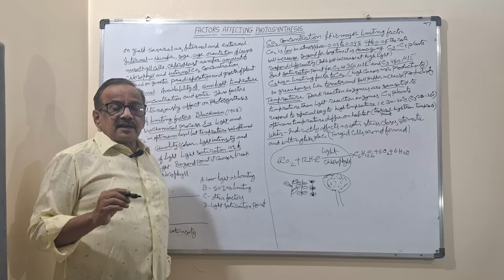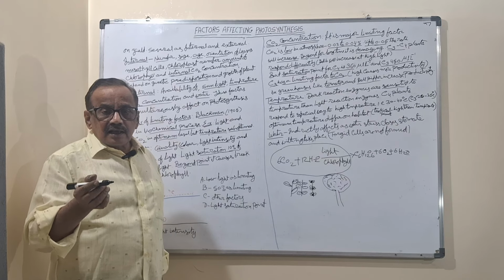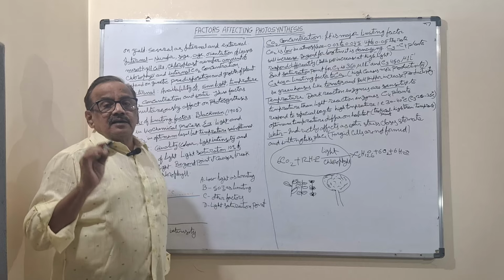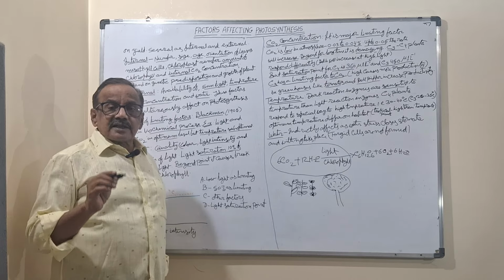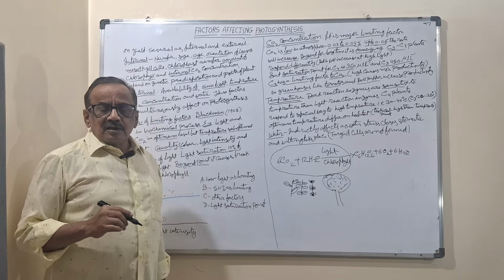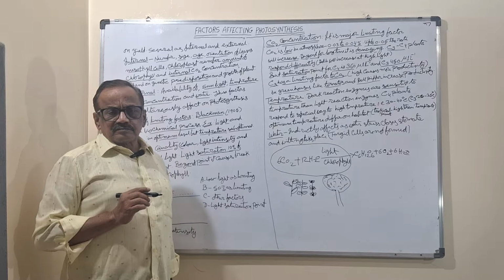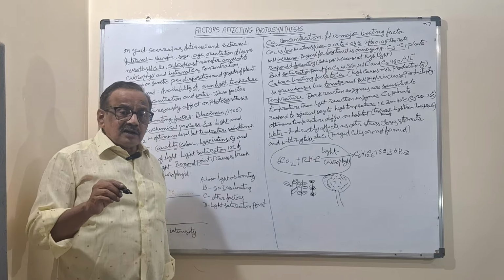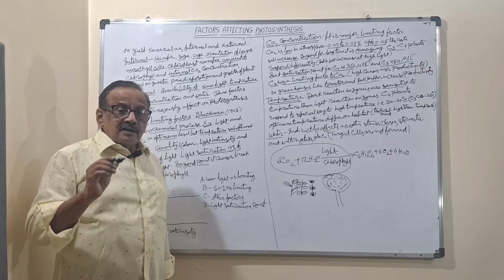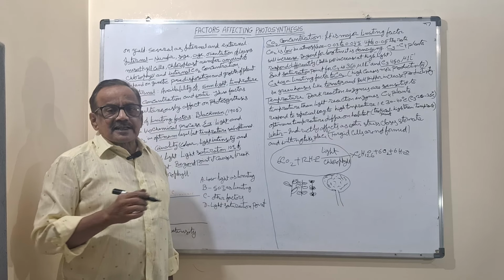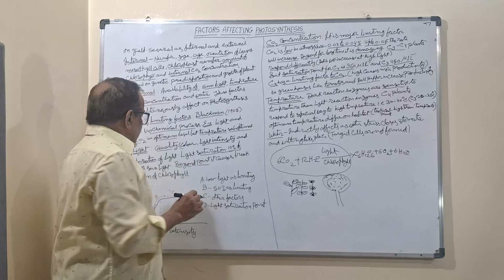Generally, why is light not a limiting factor for plants? Because 10% is saturation, and it is enough compared to afternoon light. That is why it won't work as a limiting factor. But where will it work as a limiting factor? In the dense forest and shade plants.